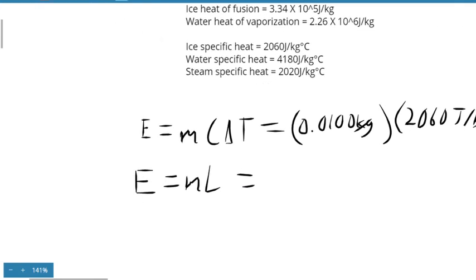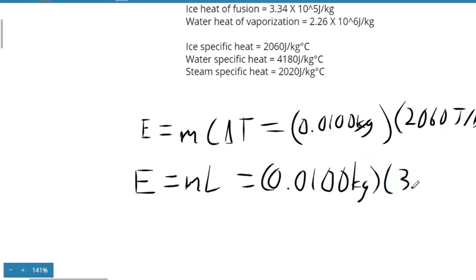So we have mass, it's the same in every calculation, 0.100 kg, and multiply that by 3.344 times 10 exponent 5 joules per kg.